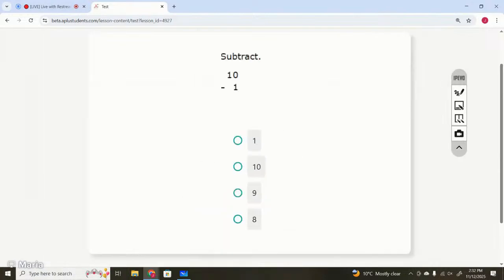Then 10 take away 1, which is the correct option? 10 take away 1 is 9. That's 9.